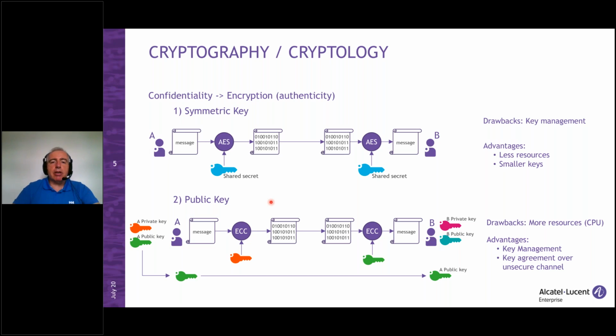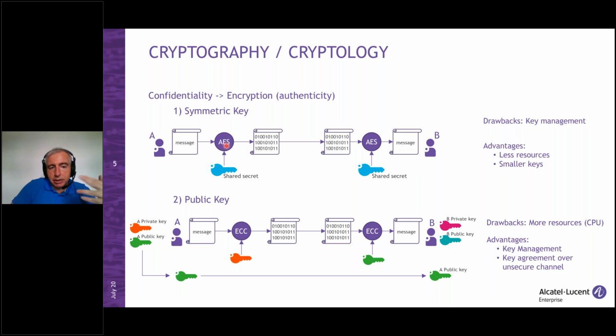Symmetric key cryptography is quite simple, let's say. So it is A trying to send a message to B. They both use the same shared secret, which is the key. This shared secret is well known by all the people that are willing to communicate with each other.